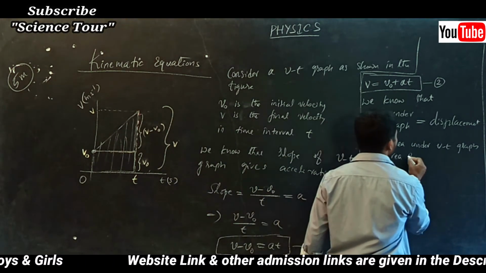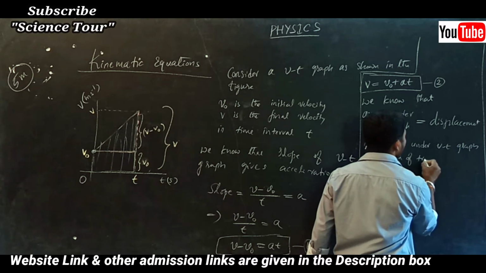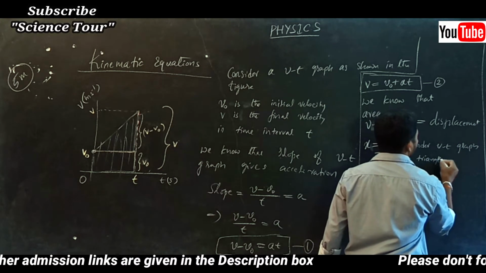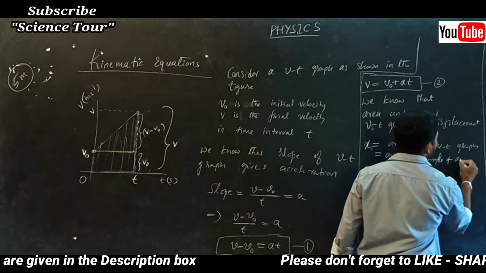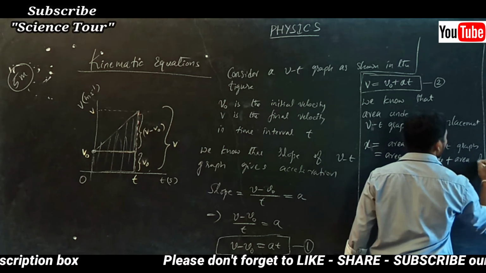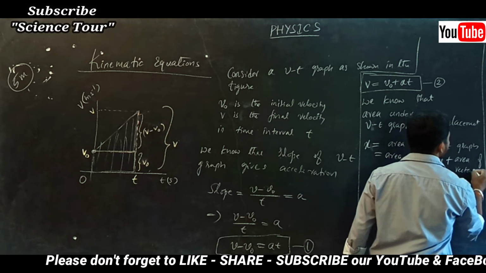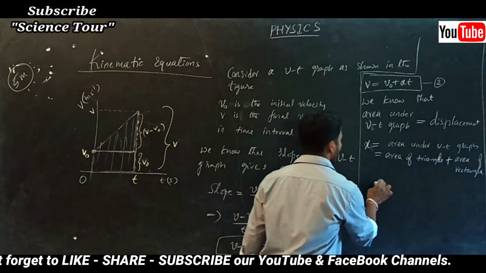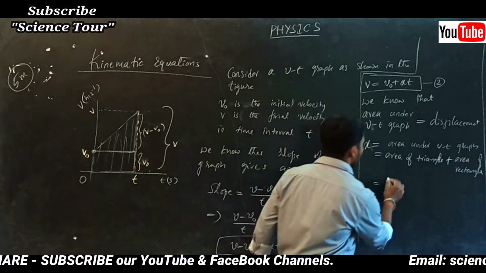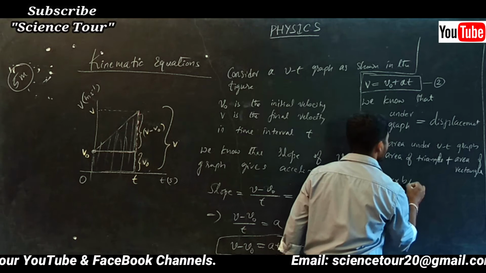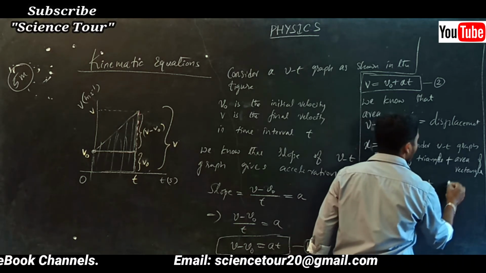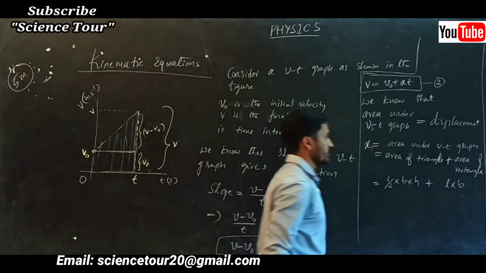Area of triangle plus area of rectangle. Okay. So what is area of triangle? Area of triangle is nothing but half into base into height, plus length into breadth for the area of the rectangle.